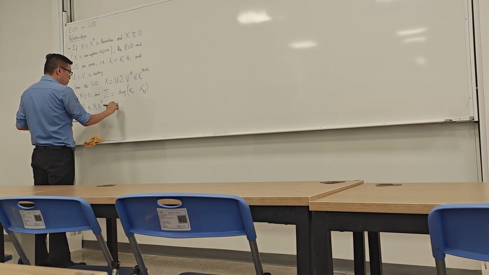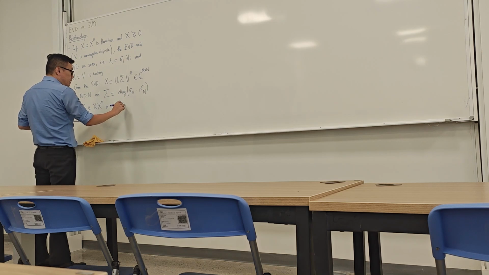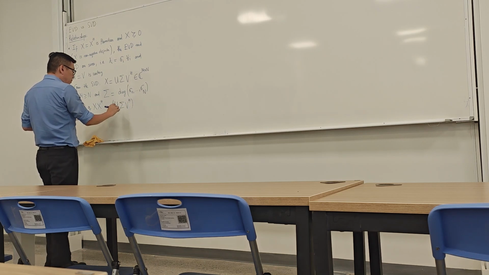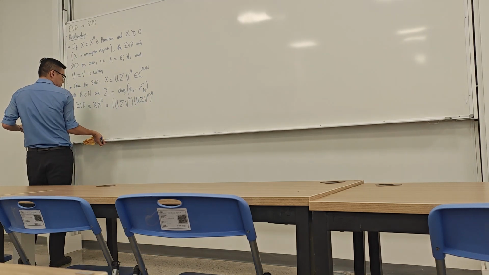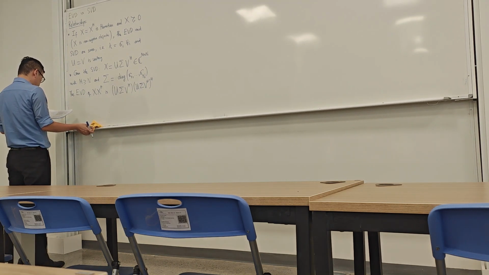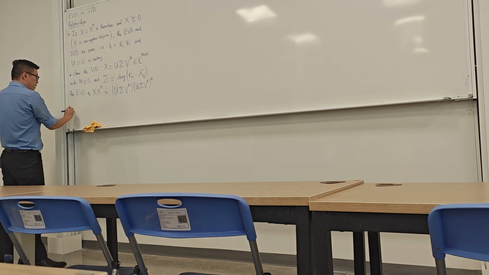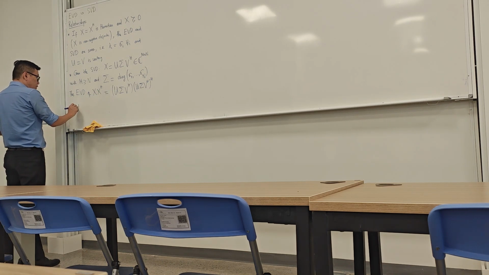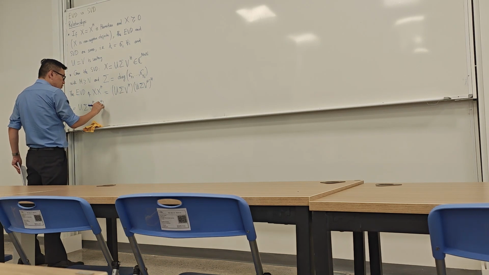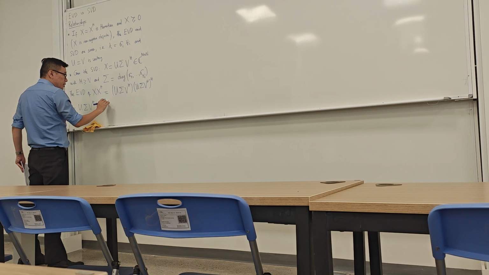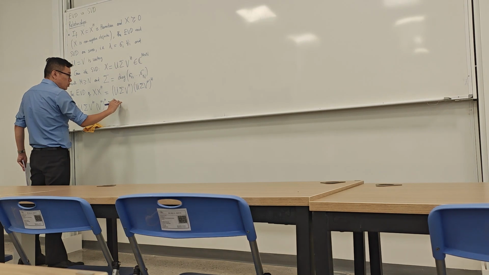Now we replace x by U sigma V^H, multiplied with (U sigma V^H)^H. And it is equal to U sigma V^H times the Hermitian transpose of this product, which equals V Hermitian transpose, sigma Hermitian, and U Hermitian, right?